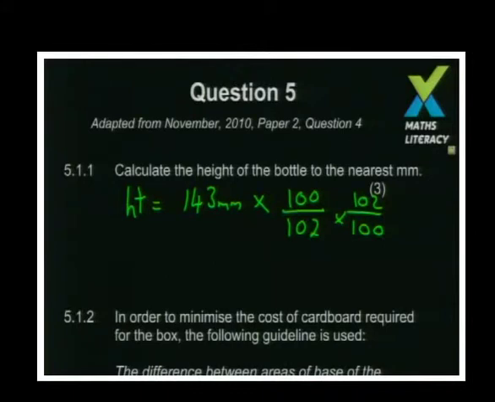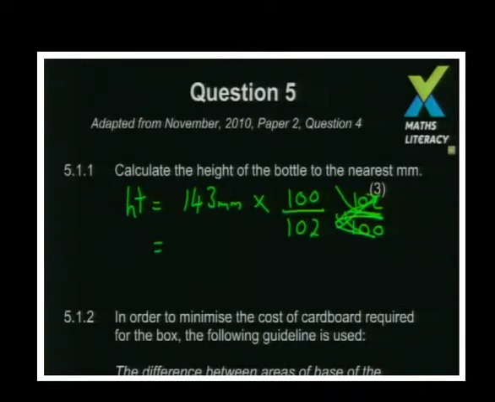The bottle must be smaller. So what is going to make my 143 smaller? Multiplying by 100 and dividing by 102, or multiplying by 102 and dividing by 100? Obviously, to make something smaller, we've got to divide by the bigger number. So this other one is wrong.